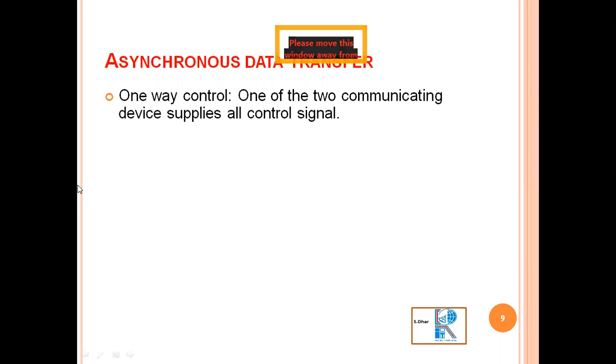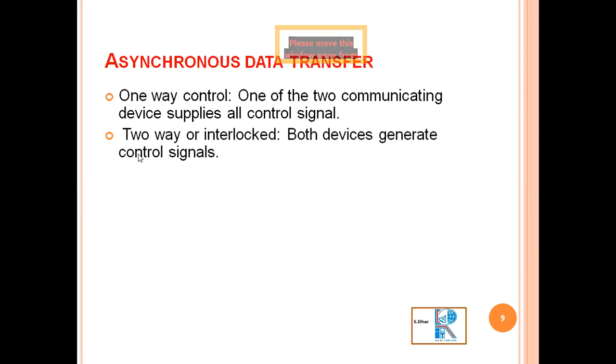There may be two types of asynchronous data transfer. One is called the one-way control. That means one of the two communicating devices supplies all the control signals. I have already told you that asynchronous data transfer is related with a special type of control signal.